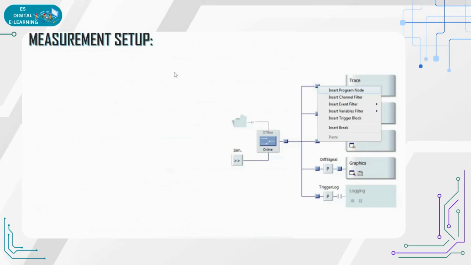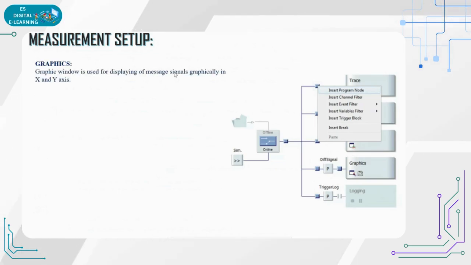Yeah, coming to the measurements, we have other nodes as well. The graphic node. Graphic specifically has the X and Y axis, as we are aware from graduation. Similarly, here also we have the graphic window for each and every signal, with X and Y axis.